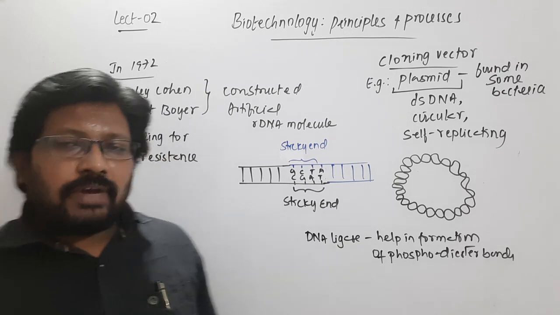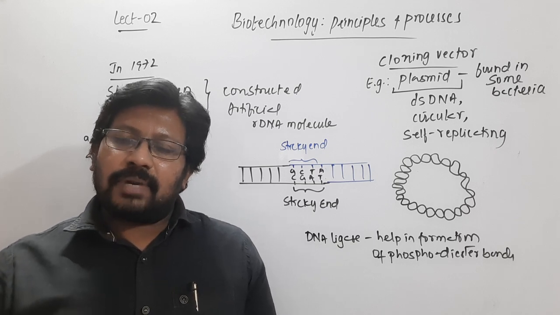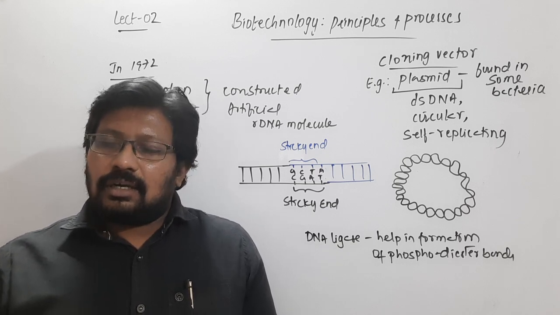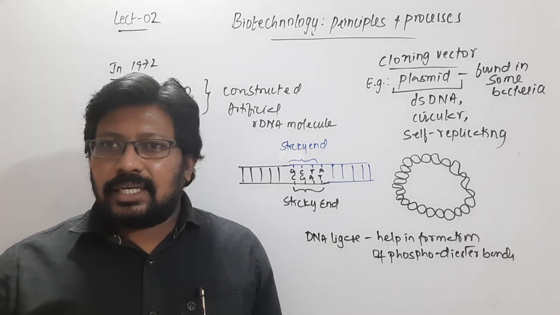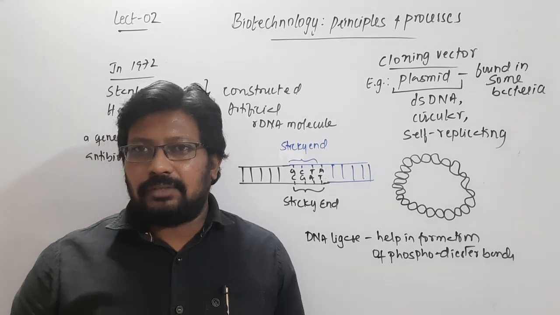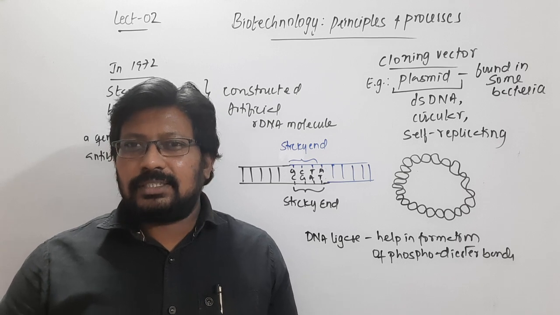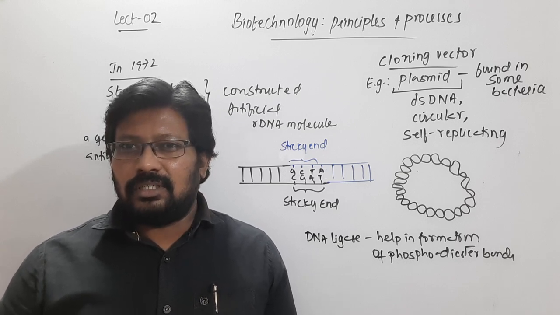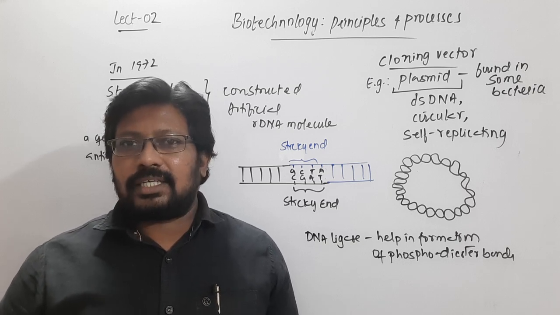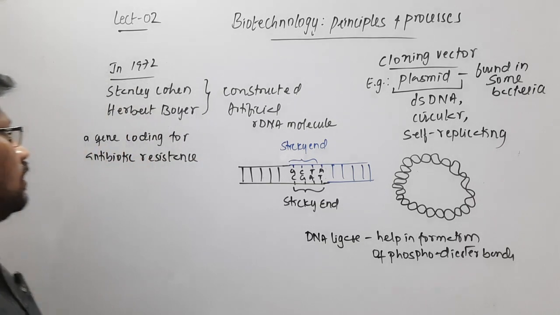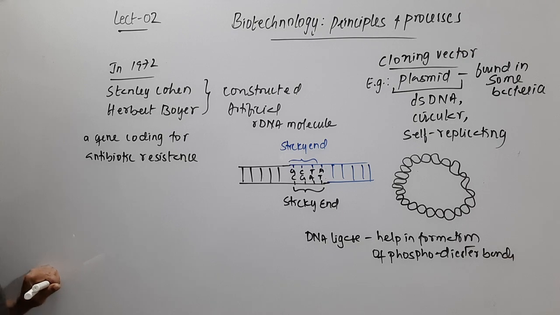Now if I put that bacteria having the plasmid in tetracycline, the bacteria will not die, because the plasmid has the tetracycline resistant gene, and that will resist the effect of tetracycline. That is the meaning of antibiotic resistance.